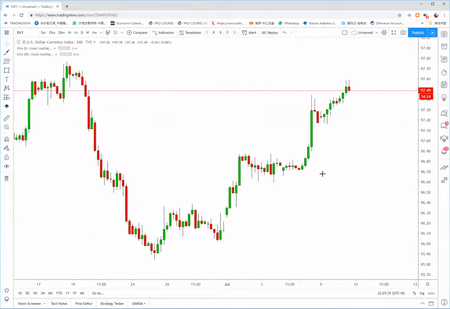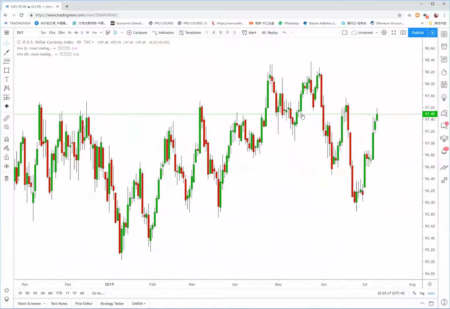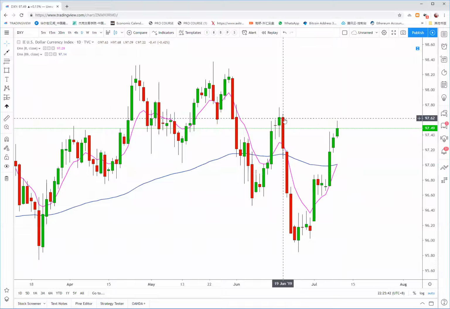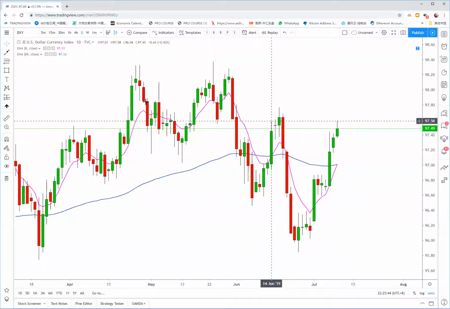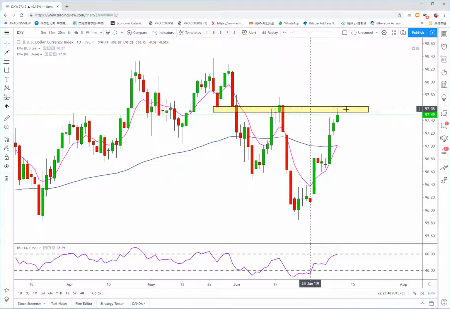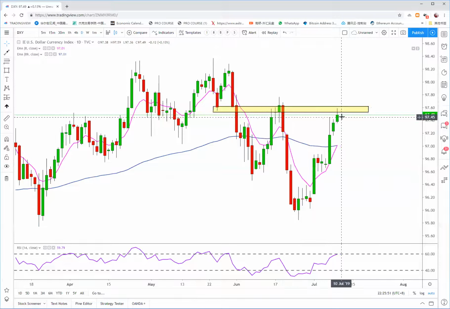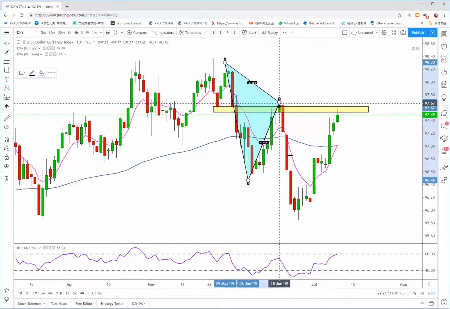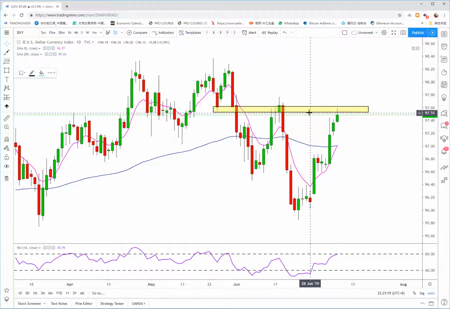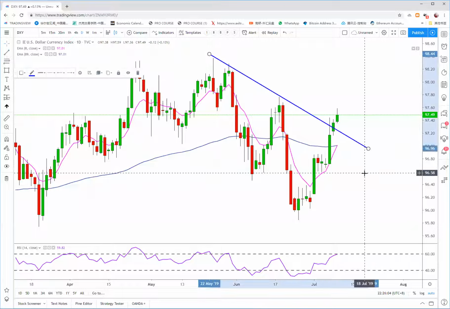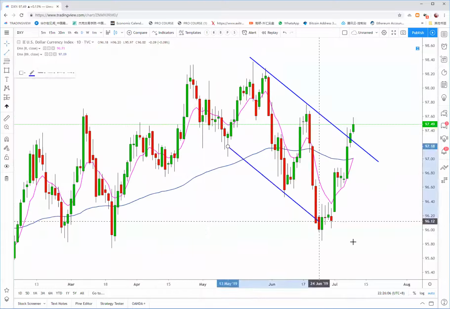Okay, let's move on to the dollar index. The dollar index has rallied all the way to the FOMC meeting here. Note that it actually has a neckline here, so it again has some pressure, but it may break 97.77, because we have our potential cypher patterns here, and also the dollar index has broken this trend line, this downtrend channel.